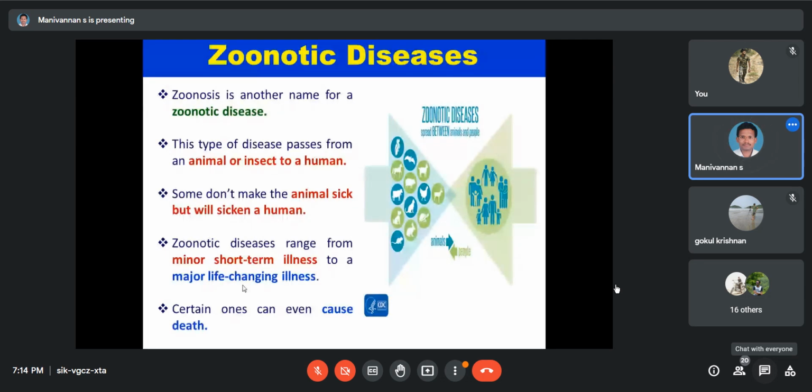The definition: an infection that is naturally transmissible from animals to humans is zoonosis. As per the WHO, a disease or infection that is naturally transmitted between vertebrate animals and humans is called zoonosis. Okay, is it clear?